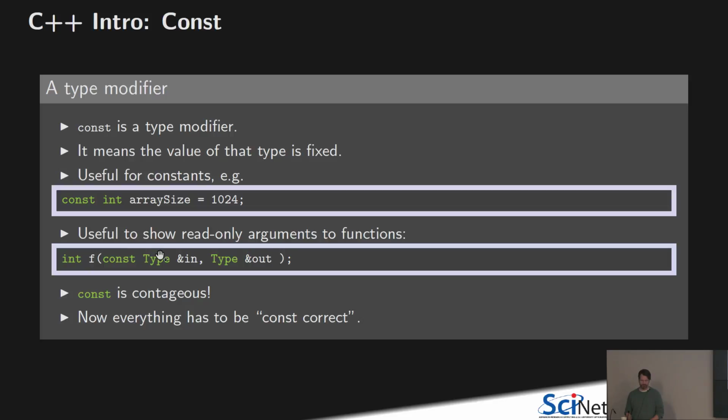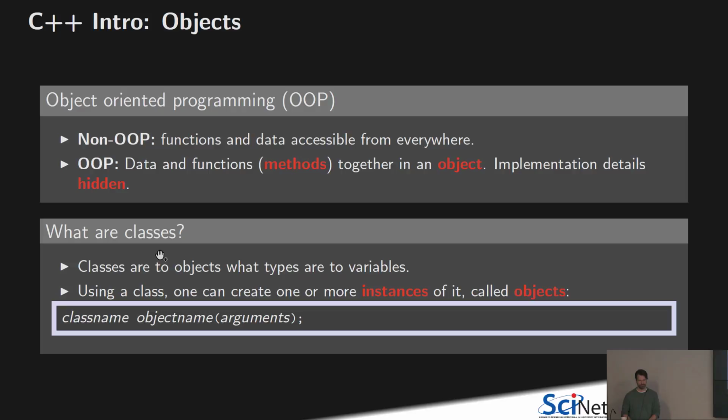Use it to say these variables that I pass into my function should not change. Other than that, don't use it unless you know what you're doing. You guys notice that I'm trying to teach you not C++, but C++ Lite. I'm showing you things and I don't use them. This is C++ Lite. This is stuff that you only want to do if you know what to do.